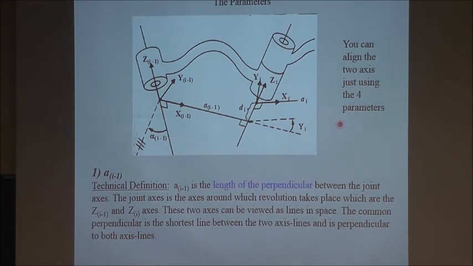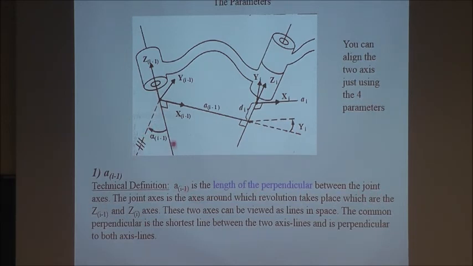That's the point. So what is ai minus 1? ai minus 1, the first DH parameter of the i minus first frame or i minus first joint, is the length of the perpendicular between the joint axes.